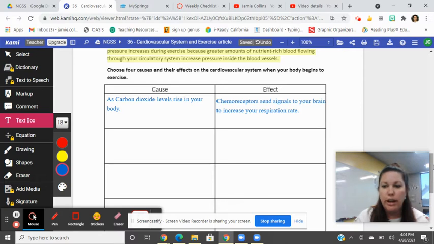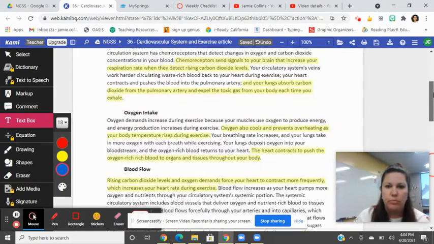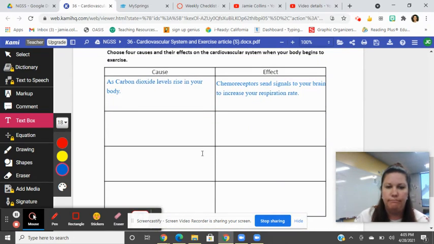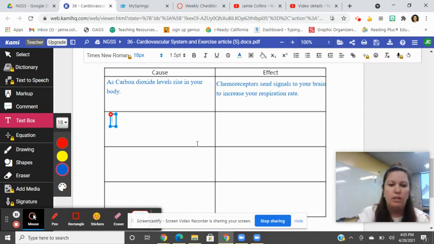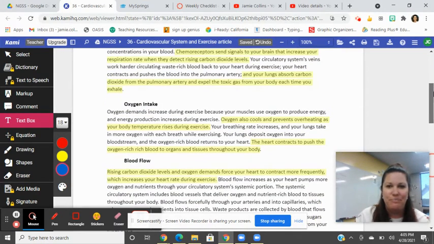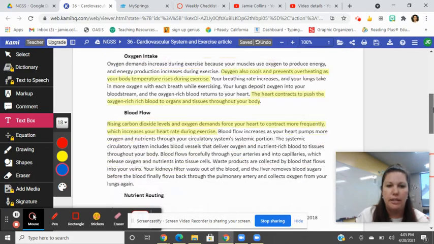So let's go back to our other highlights and see what other causes and effects we can find. Your lungs absorb carbon dioxide from the pulmonary artery and expel the toxic gas from your body each time you exhale. So we could do that one. Your lungs absorb carbon dioxide.